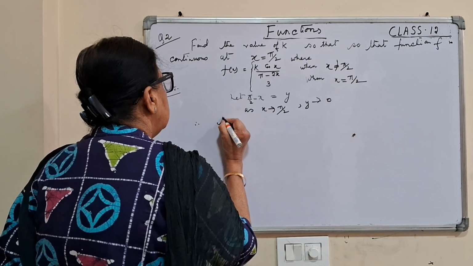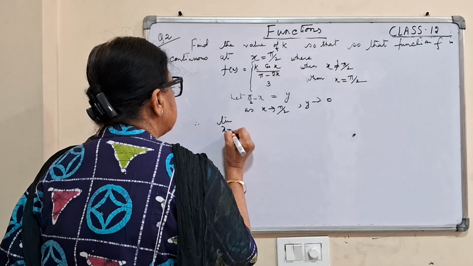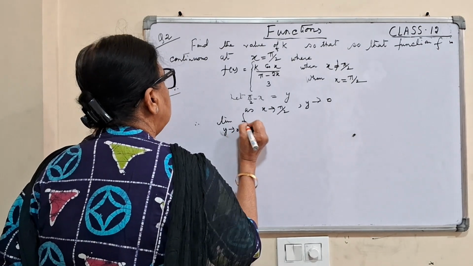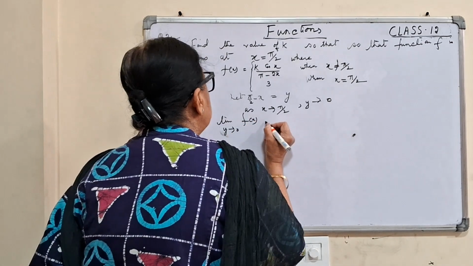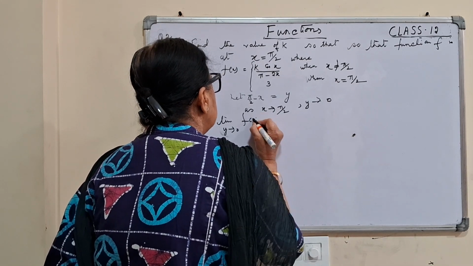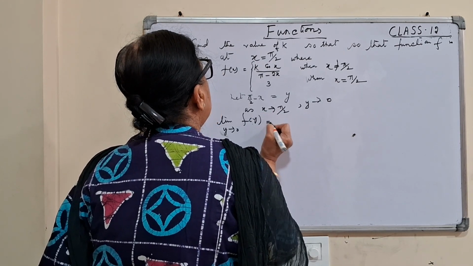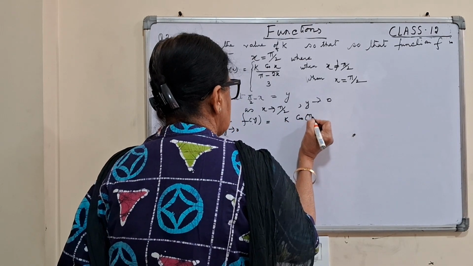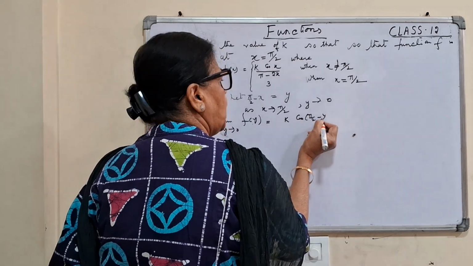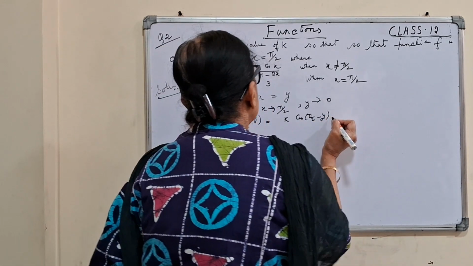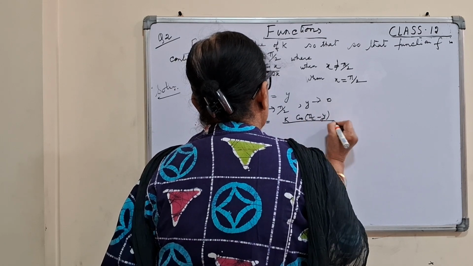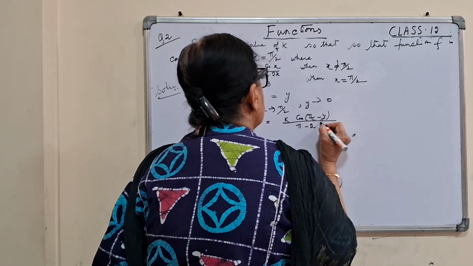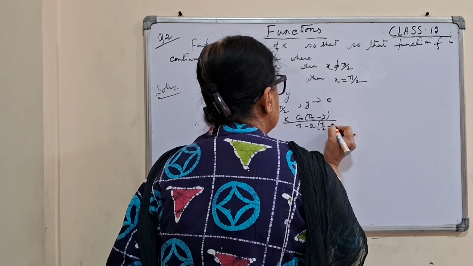Therefore, the limit as y tends to 0 of f(y) is equal to k cos of pi by 2 minus y, divided by pi minus 2 into pi by 2 minus y.